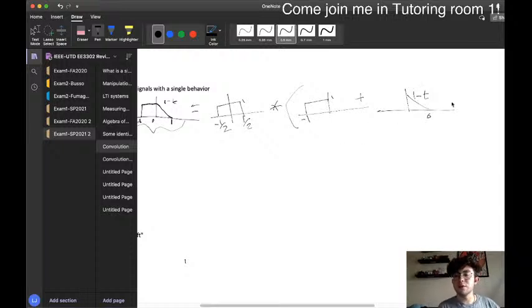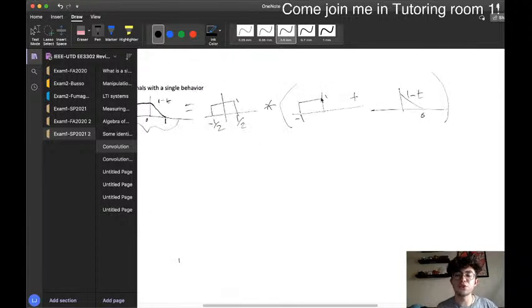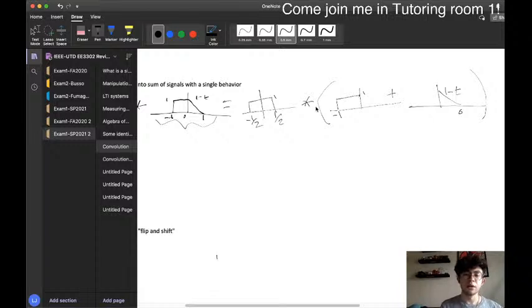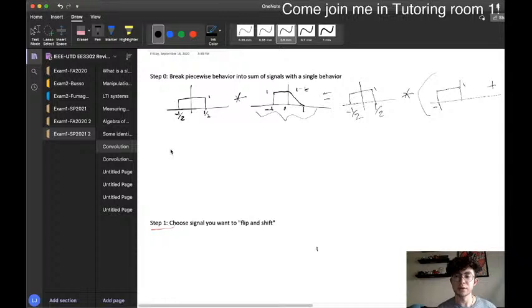Prove to yourself that this weird one and the sum of these two signals is going to be the same. So this is great, because we can use the distributive property of convolution.